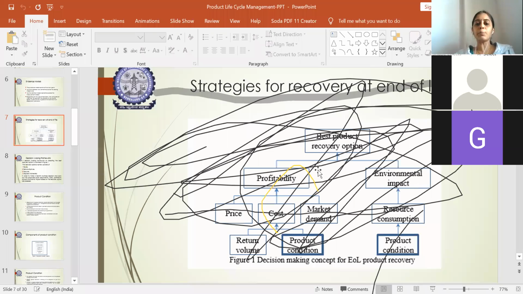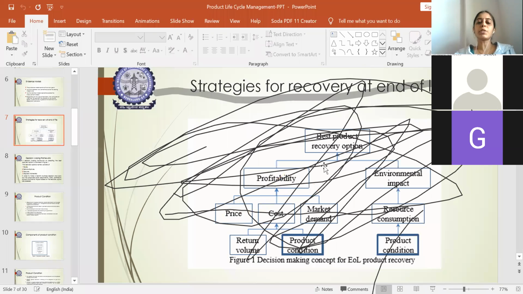So if the current product is profitable and it is also eco-friendly, then this is best suitable for recovery. If sometimes the product is profitable to a huge extent and it is not eco-friendly, then the product will not be suitable for recovering. Please see that both the conditions have to be satisfied.